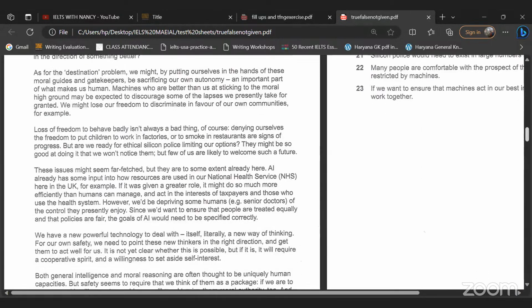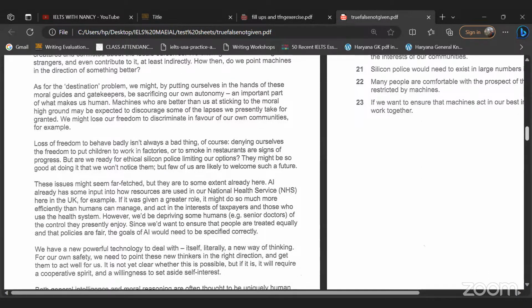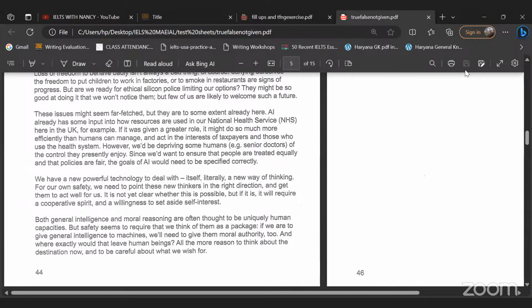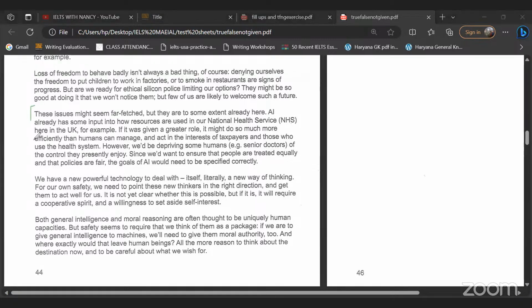Independence being restricted. Are you finding this part in any of these last three paragraphs? I think they are saying it here.